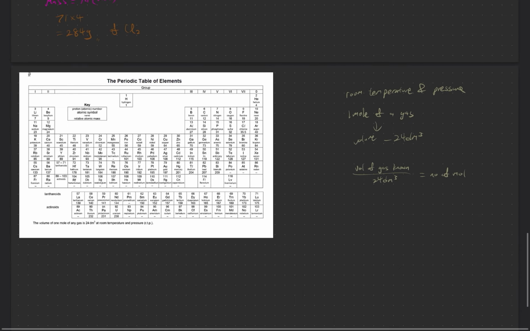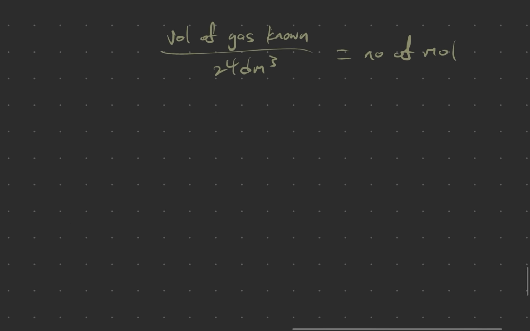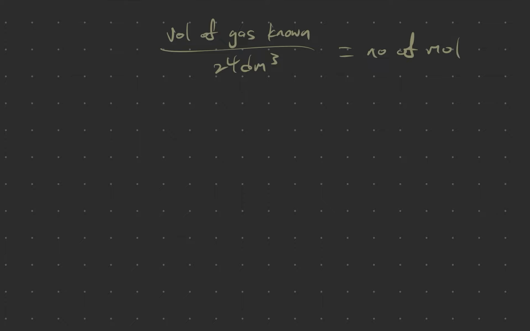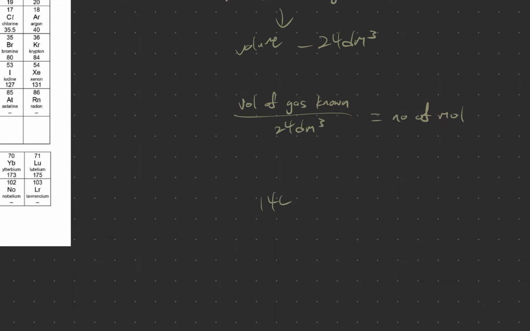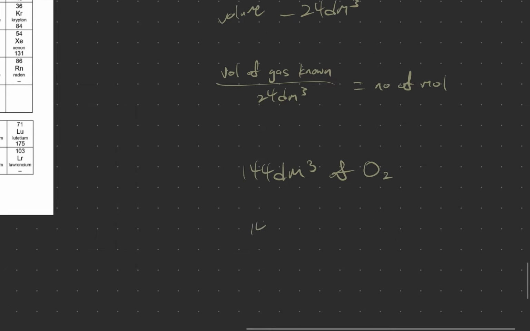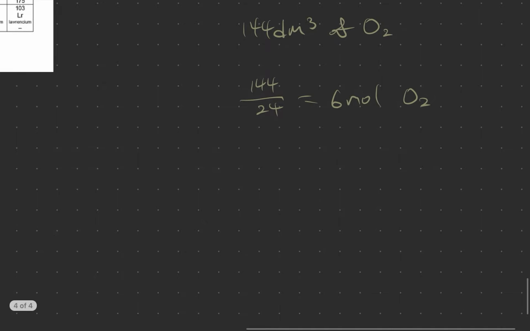So let's try this out. Let's use oxygen again. Let's just say I have 144 dm³ of oxygen gas. I want to find the number of moles. Very easy. I just take 144 divided by 24 and I'll get 6 moles. 6 moles of O2.